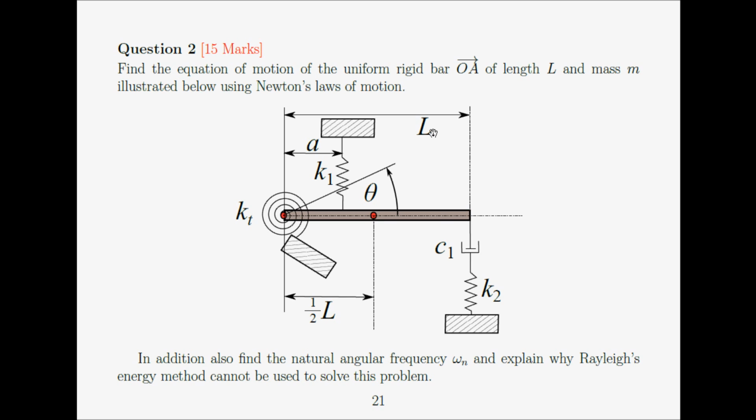Somewhere along the rod there is another spring K1. At the end of the rod there is another spring K2, and now there is the presence of a damper C1. The problem is basically to find the natural angular frequency omega n, and to explain why Rayleigh's energy method cannot be used to solve this particular problem.